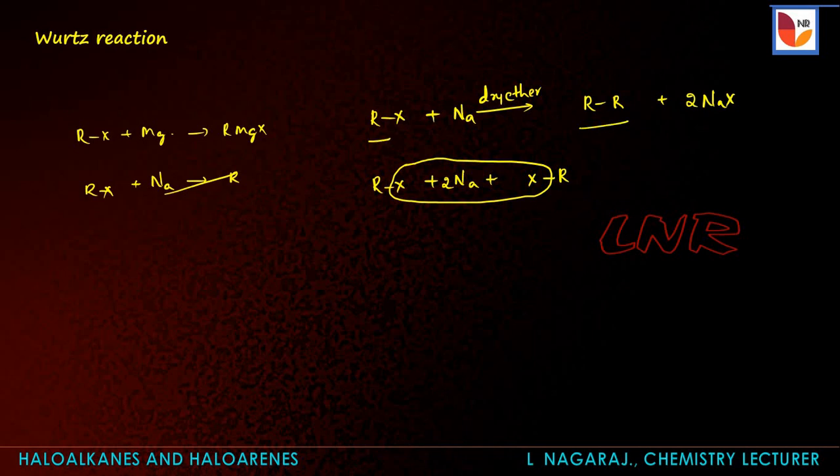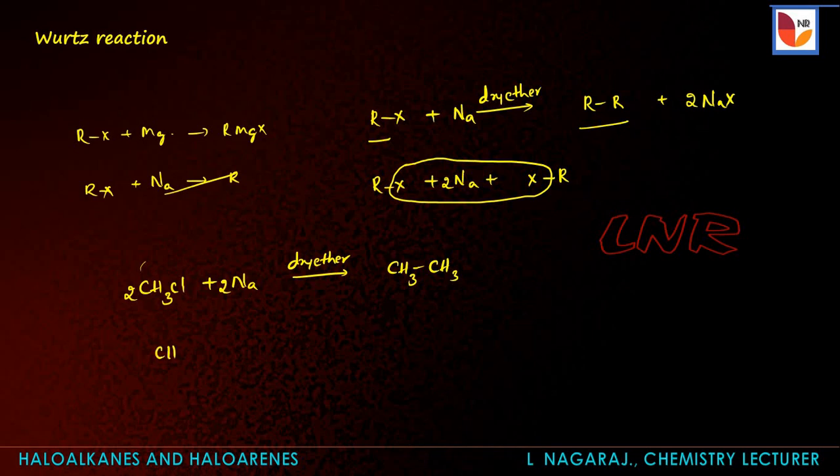the alkyl halide. For example, let us take methyl chloride, CH3Cl. When methyl chloride reacts with sodium in the presence of dry ether, it is 2 moles and it gives the product, also 2 moles, and the product is CH3 single bond CH3.